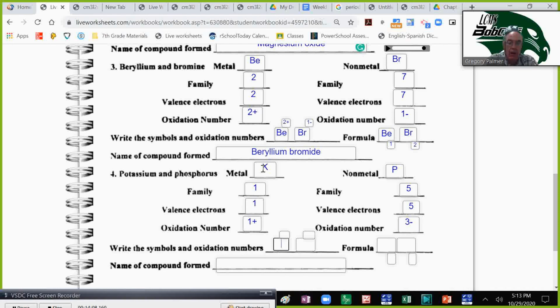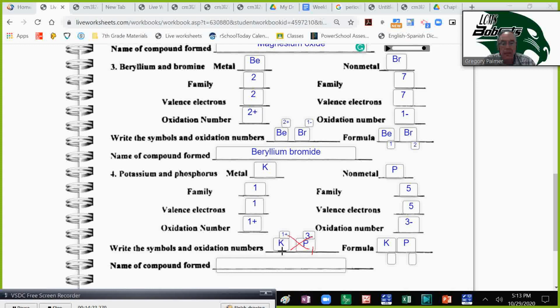And we're going to write our elements with their oxidation numbers. So we write K with its 1+. We write P with its 3 negative. Now to come up with a formula, we're going to use the same symbols, the K and the P. And we're going to take this 1 and stick it down here.